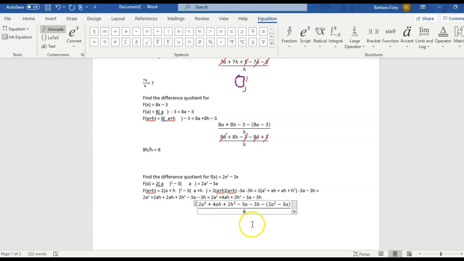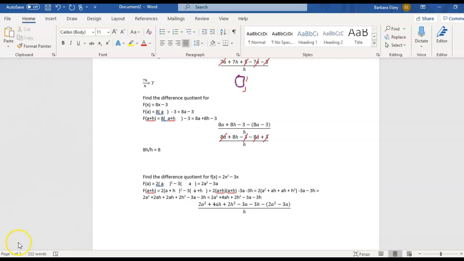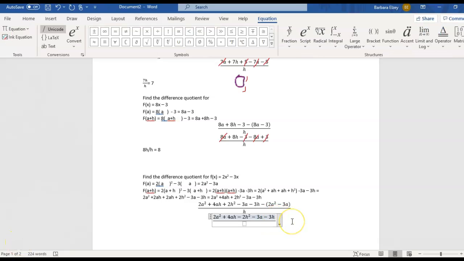All right, so our fourth step is to distribute the minus sign through the parentheses. So my positive 2a squared is going to become a negative 2a squared. And my negative 3a is going to become a positive 3a. And of course, I need to put my h on the bottom.